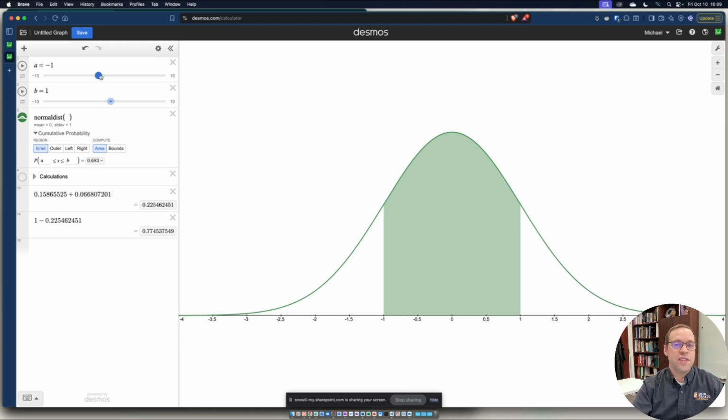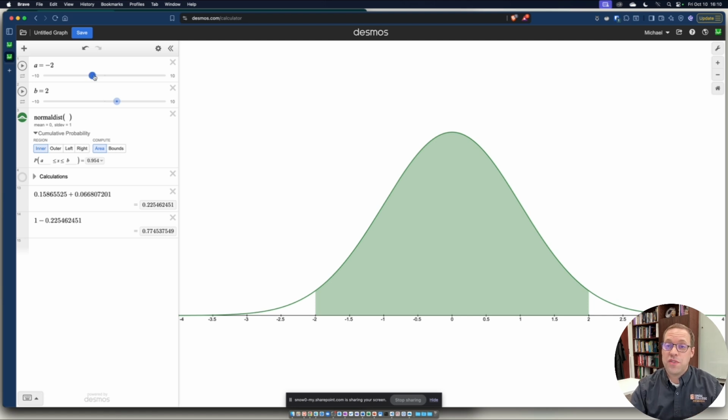What about 2 standard deviations of the mean? So within 2 standard deviations of the mean, we're going to spread it out a little bit. But remember what that probability was? It was 95%. So if I shift this to -2 and this to +2, what's that area coming out to be? 95.4%. 68% chance of being within 1 standard deviation of the mean, 95% chance of being within 2 standard deviations of the mean.